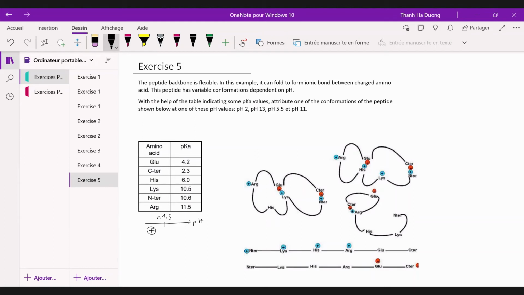And if the pH is higher than 11.5, it will be neutral. This is the case for arginine, lysine, histidine, and the N side. It can be positive or neutral.